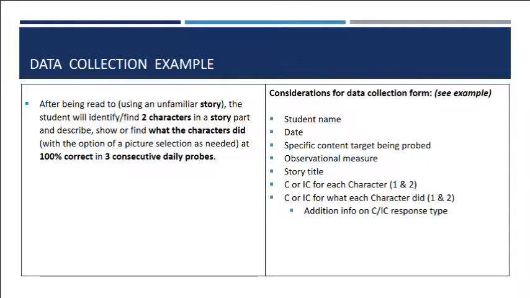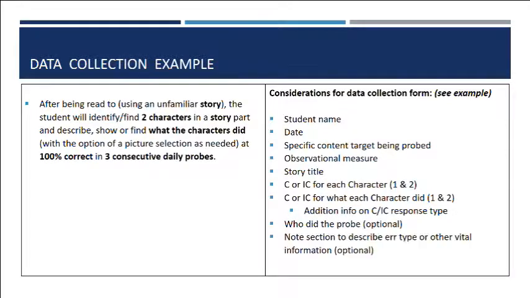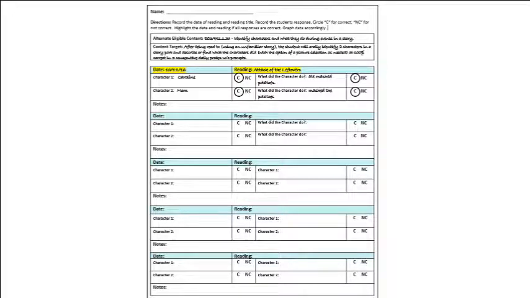Just simply correct or incorrect for the character, correct or incorrect for what the character did, and a notes section, so you can collect information like they're having a really bad day, or they just didn't understand this character at all, they couldn't relate to it. So we did one real quick, and it was real easy, just a sample.